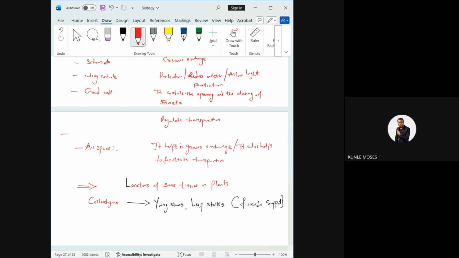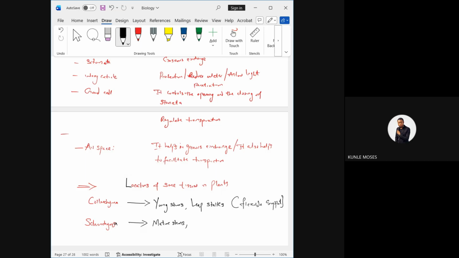In case they ask you the location for sclerenchyma: collenchyma is young stem, so this is how to remember. Sclerenchyma is mature stem.